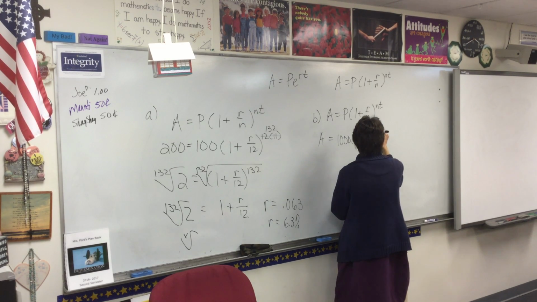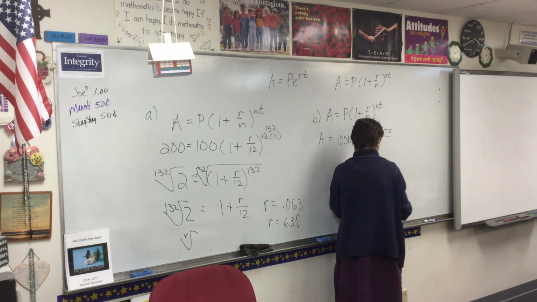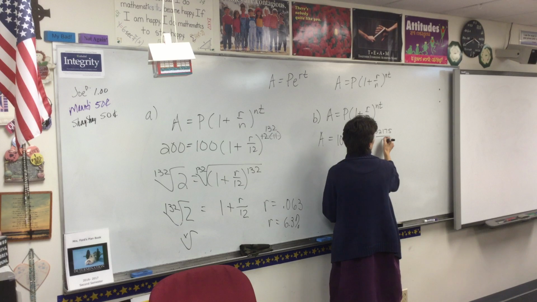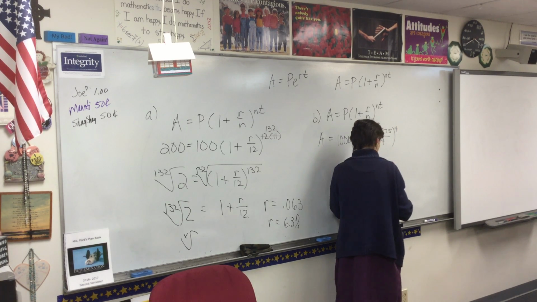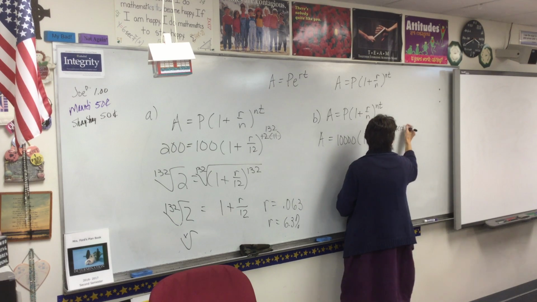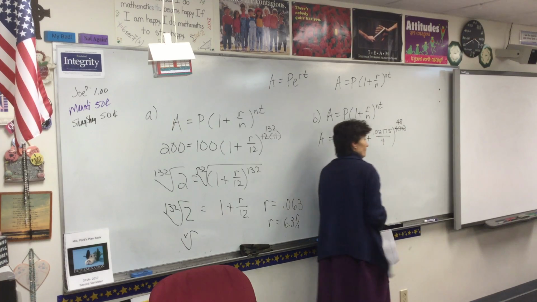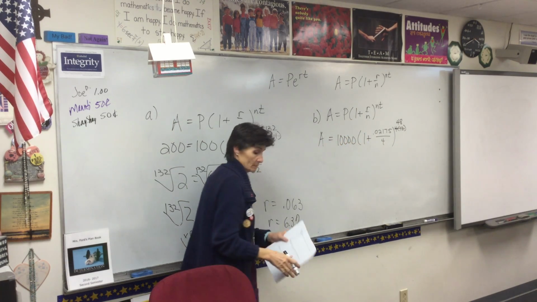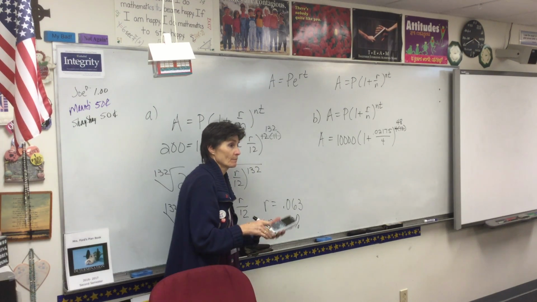So 0.02175 divided by 4, because it's quarterly this time, and it's 12 years. 12 times 4, that's 48. So my exponent's just going to be 48. Again, do you need logarithms?